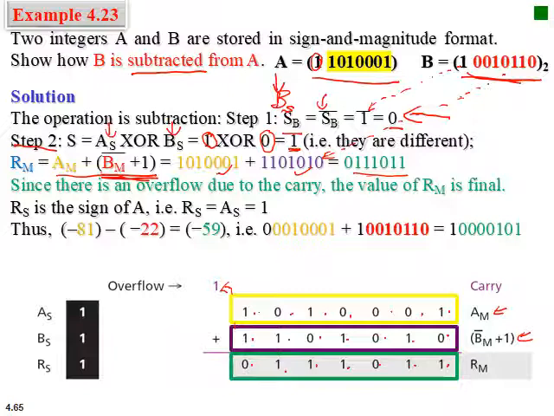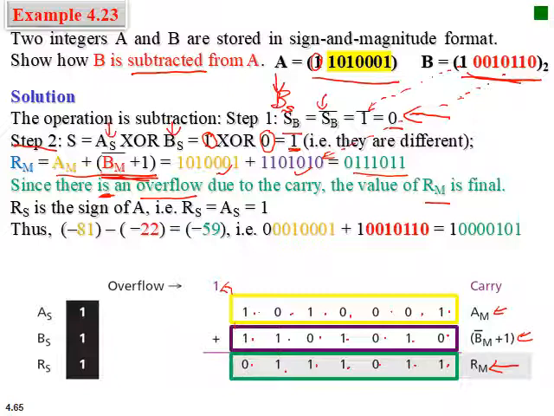Okay, now since there is an overflow at this stage due to this carry, we will simply take this result, or the magnitude result. We don't do anything further with it.